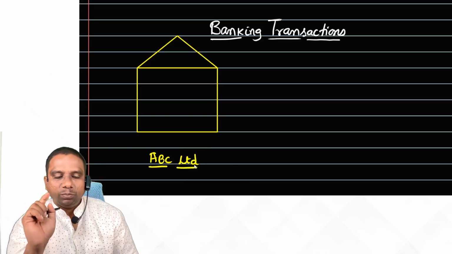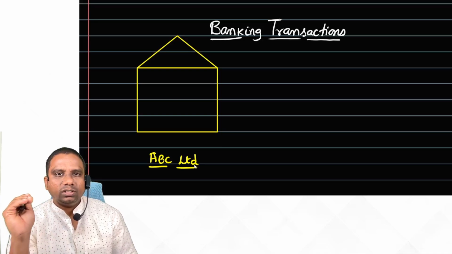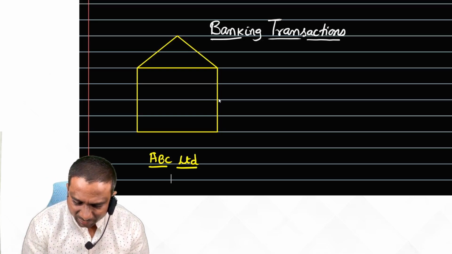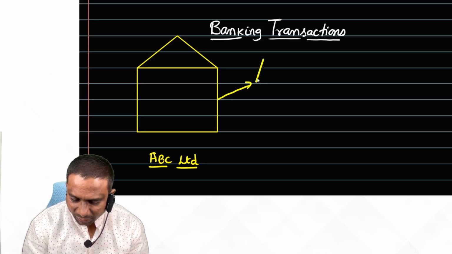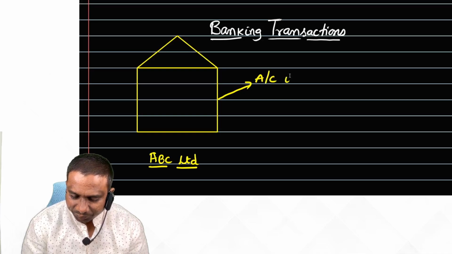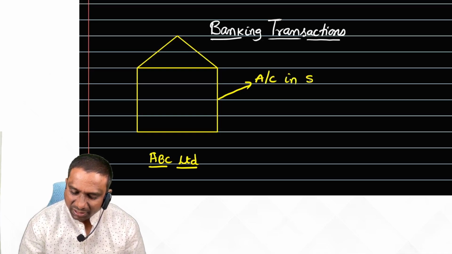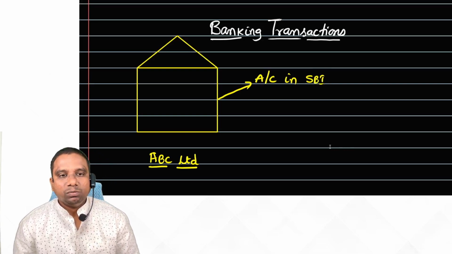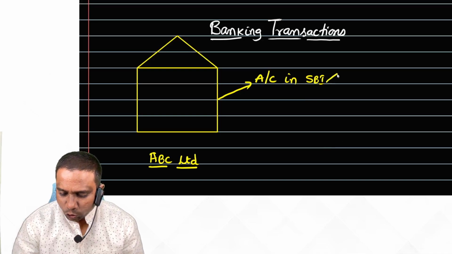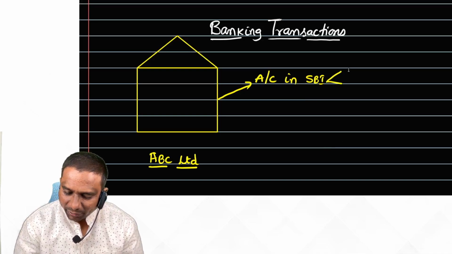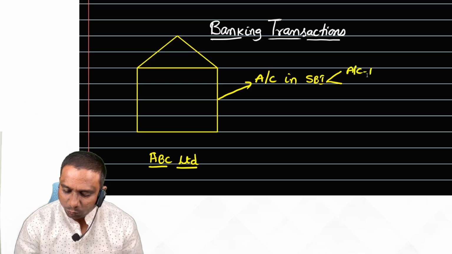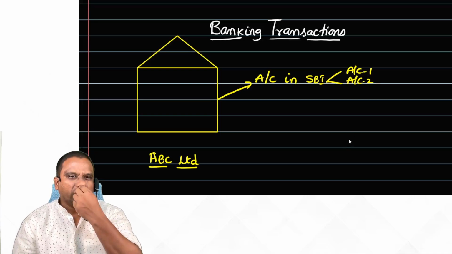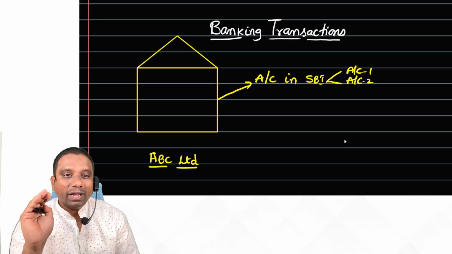ABC Limited means company. What is company? All those things we try to understand later. Now this is ABC Limited. ABC Limited has account in SBI Bank, State Bank of India. It has two accounts, account 1, account 2. May have more than two accounts also in the same bank.